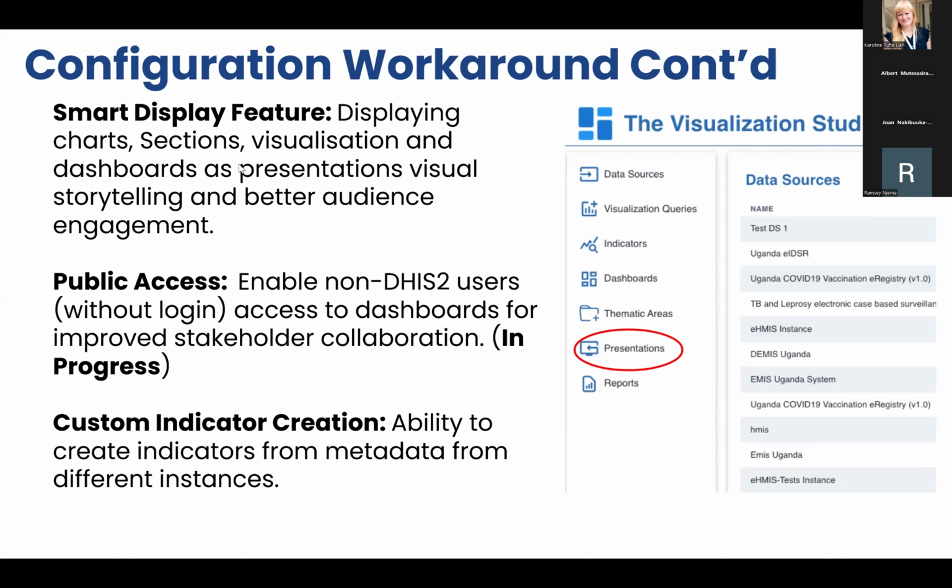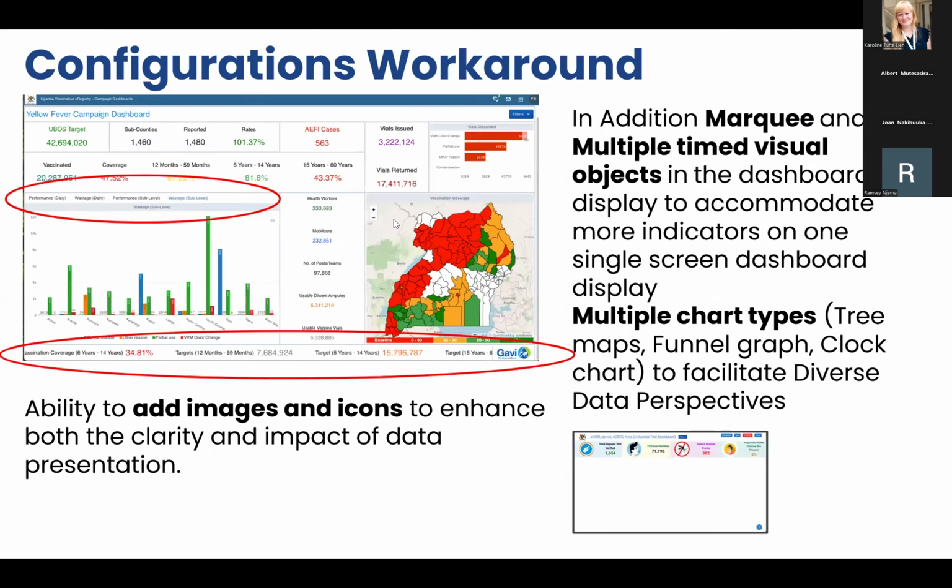If you can go to the next slide, Johan. On top of that, we have different visualizations that are not in the DHIS2. For example, the moving MAQ, where we have a bunch of single values just moving down there. This helps us display as much data as we can on a single dashboard, thereby not limiting what we display because of space.